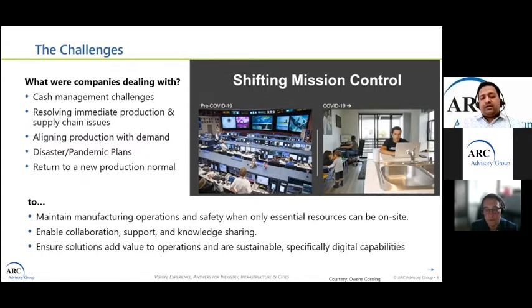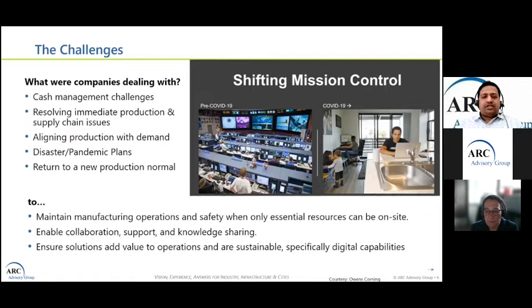Another thing that survey respondents mentioned was that they had to align production with demand, as demand and distribution had been changing, for example, consumer versus commercial. Demand for medical devices and equipment was pretty high. And also, we all know that retail shops were closed, and the e-commerce business was doing pretty good in those days.